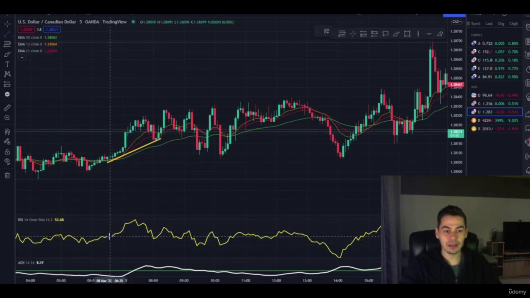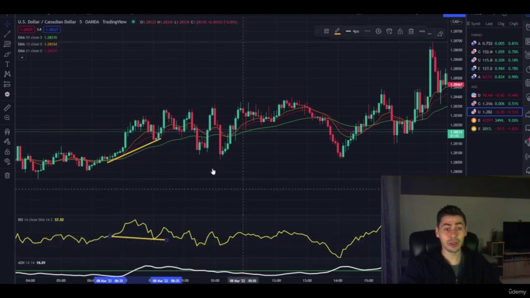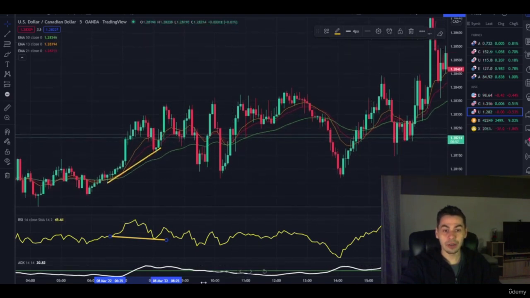This is just from scrolling through the charts. As you can see, guys, we have this hidden bullish divergence here. We are in an uptrend, and we pierced the EMAs. Again, we have to wait for a confirmation candle, a confirmation bullish pattern, whichever it is.